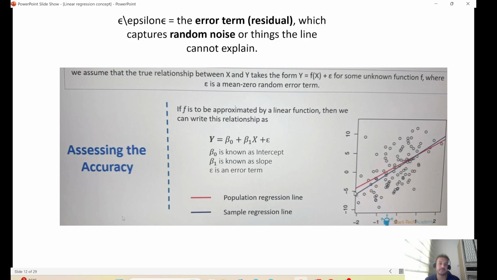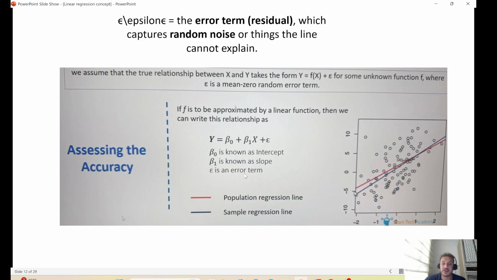Okay, now we assume the true relationship between x and y is y equals f of x plus e, where f of x is beta 0 plus beta 1 x, plus the error term epsilon. Why do we add this e?